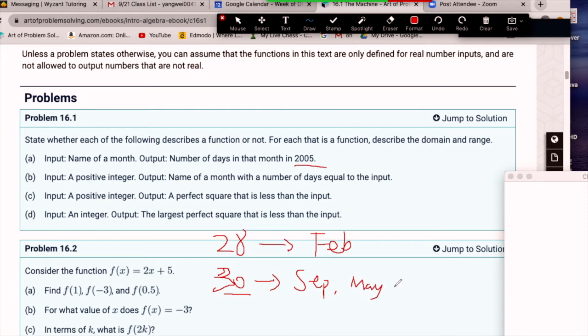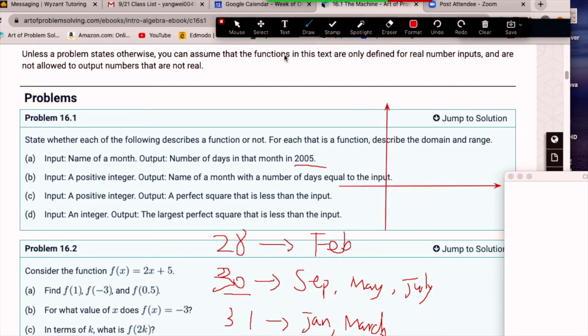And maybe it's July. If I give you 31 days, this one is January, maybe March. So how do you determine which month it is? If we draw a plot, this one will give you, say I'll give you the days.